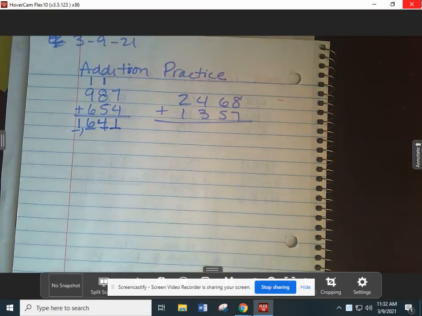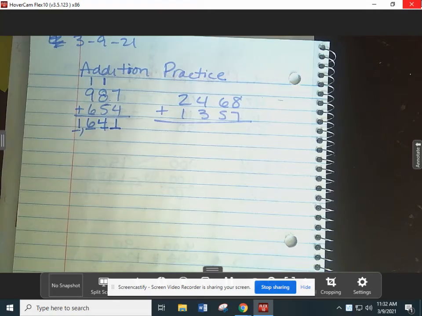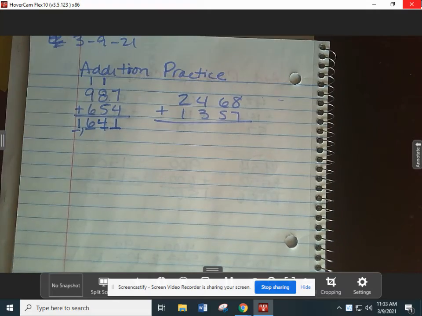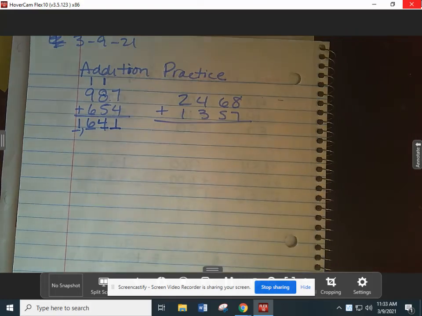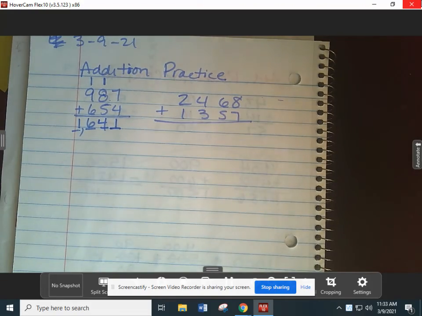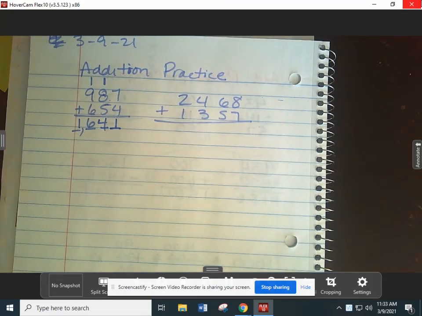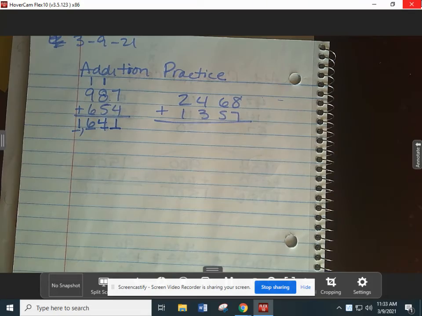And we're going to slowly increase our number size. Done. Okay, who's going to walk us through this one?